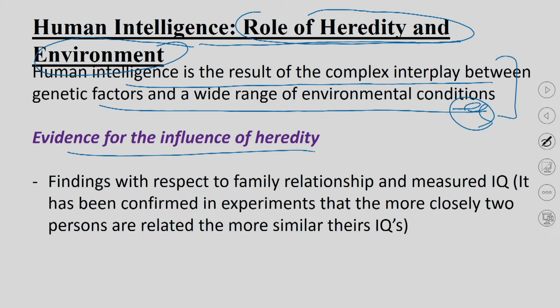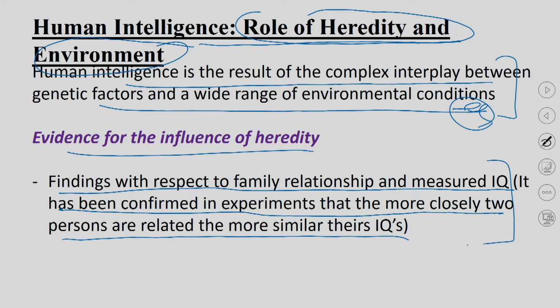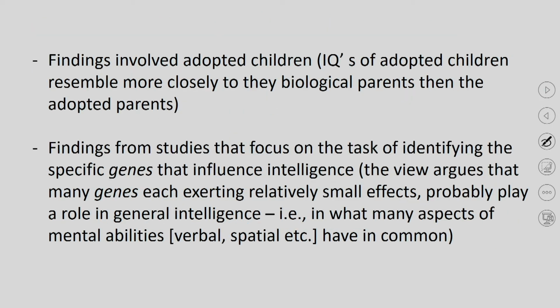Evidence for the influence of heredity. The first evidence is with respect to family relationships and measured IQ. Experiments confirm that the more closely two persons are related, the more similar their IQs. So people related in a family have similar IQ, and that says heredity has an influence on intelligence. Similarly, findings involving adopted children: the IQs of adopted children resemble their biological parents more closely than their adopted parents.